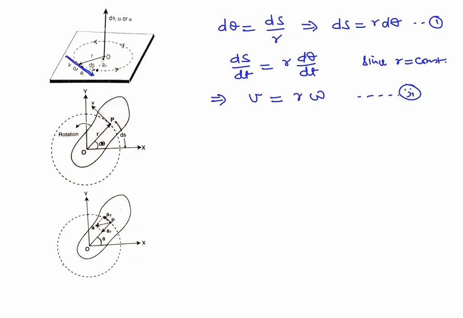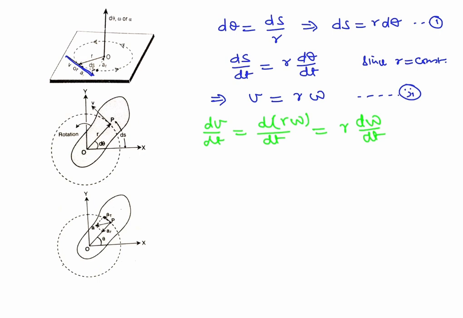This gives dv by dt is equal to d by dt of r omega, where r is constant, therefore r d omega by dt.